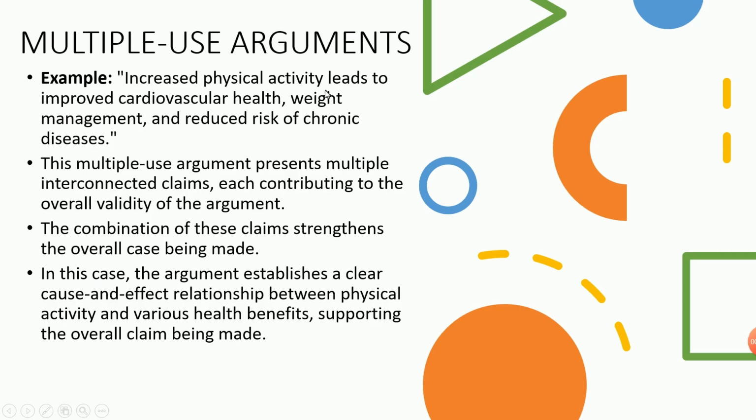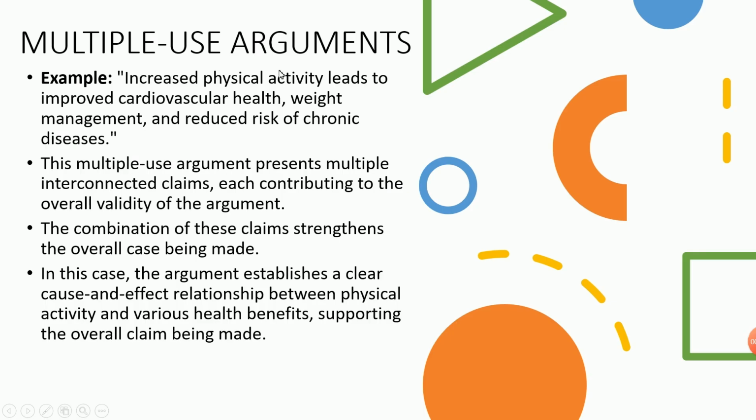Increased physical activity leads to improved cardiovascular health, weight management and reduced risk of chronic diseases. See that one statement leads to another set of statements. This multiple use argument presents multiple interconnected claims.